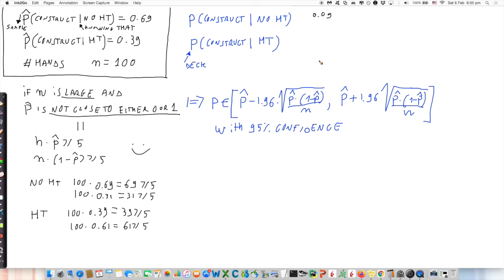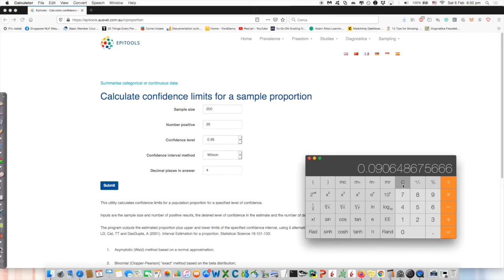0.09, okay? And what about this? Well, we do the same, but instead of 0.69 and 0.31, we use 0.39 and 0.61. That's right. So let's do it. So 0.39 times 0.61 divided by 100, square root, times 1.96.